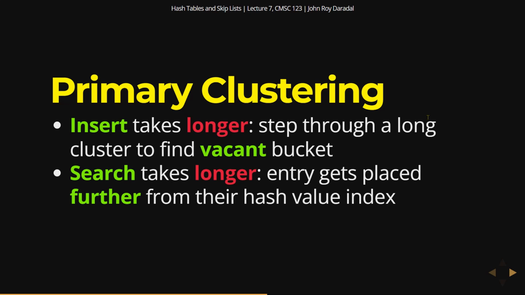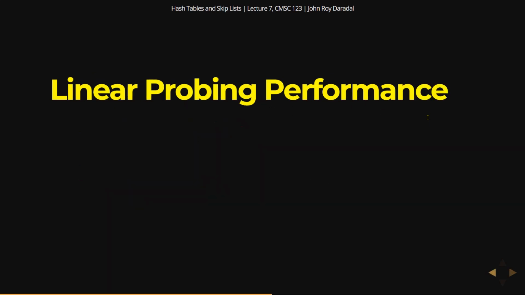Okay, so instead of at index 5, maybe you actually end up wrapping around and inserting it at index 0, right? So it becomes a longer process if there are long clusters of collisions bundled together. Okay, so this is the primary clustering problem.